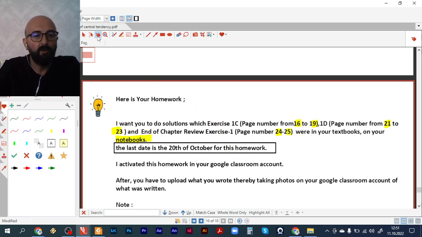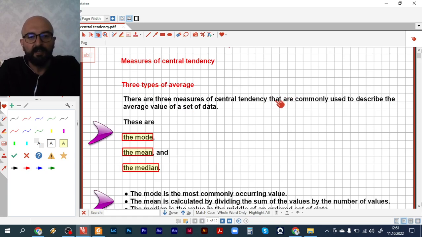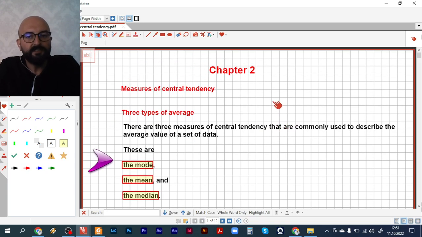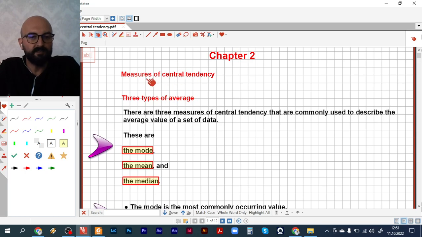Okay, now we can pass to the other topic. The other topic, excuse me, is chapter 2. Chapter 2 is related to measures of central tendency.